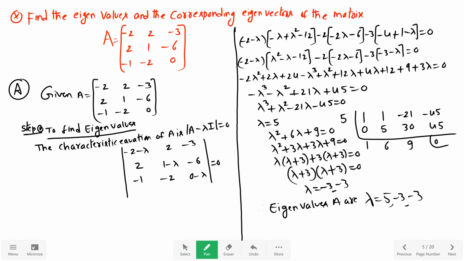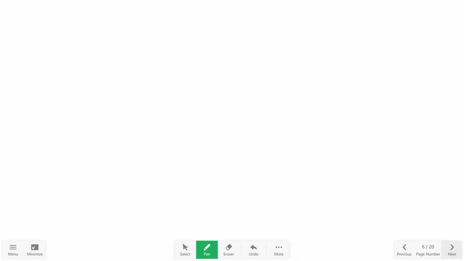Next, to find eigenvectors. Step number 2 is to find eigenvectors.